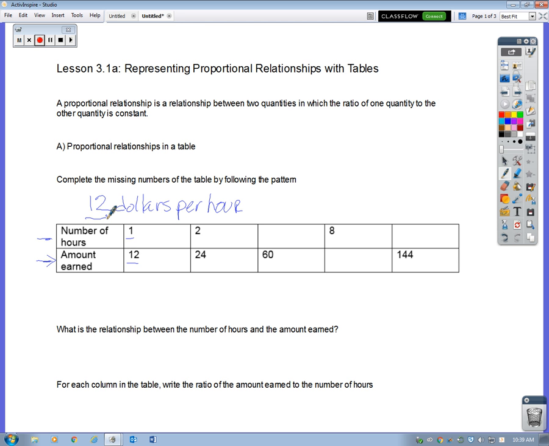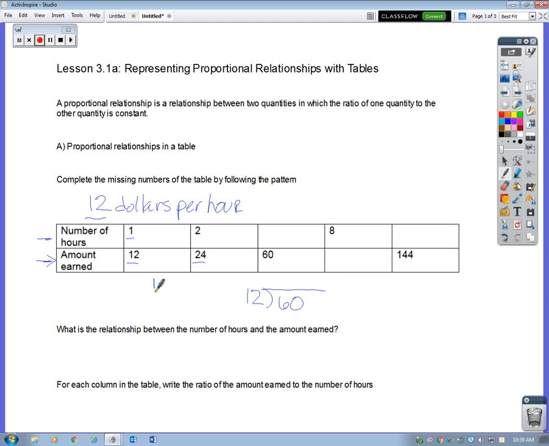Our first blank is at $60. So at $60, we need to find out how many times 12 is going into 60 in order to find out how many hours it is. So if I know 2 times 12 is 24, because that's right here, I can try 5 times that.